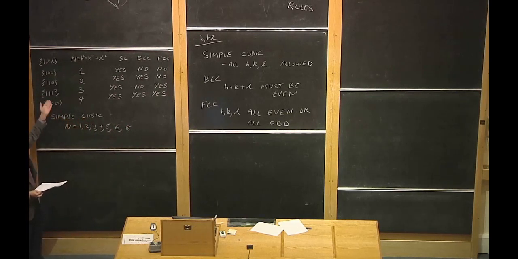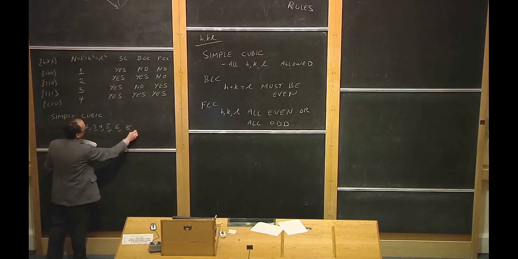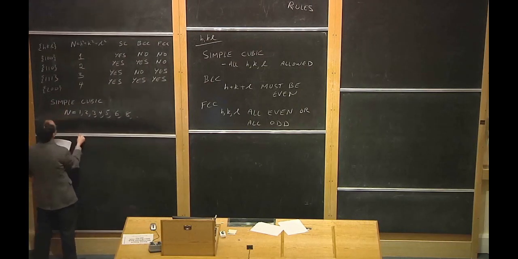All the possible h, k, and l are allowed, but you'll discover if you try, there's no h, k, and l such that h squared plus k squared plus l squared gives you 7. You just can't find integers. It's sort of a number theory result that you can't find three integers that when squared and added together give you 7. So 7 is missing, and so forth. And I think the next one that's missing is 15.